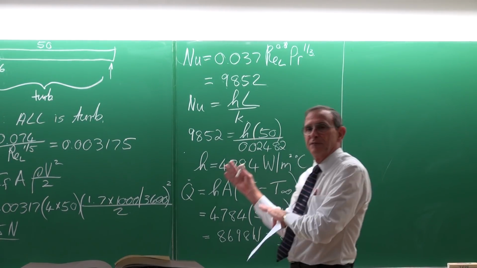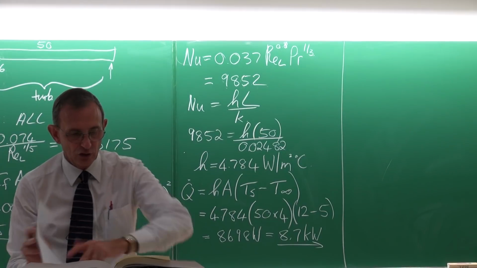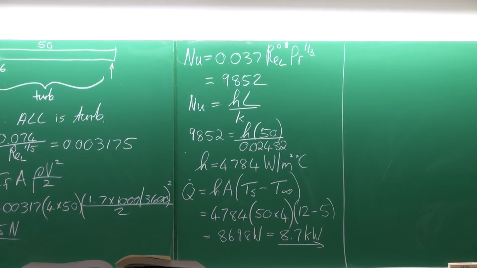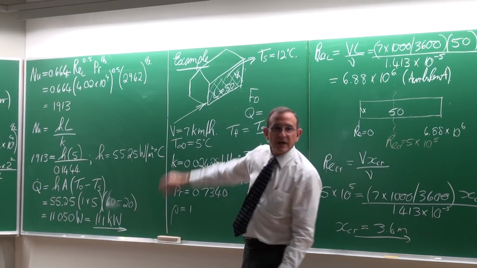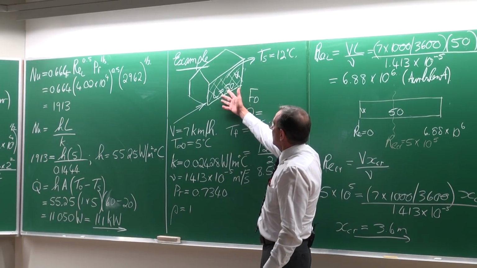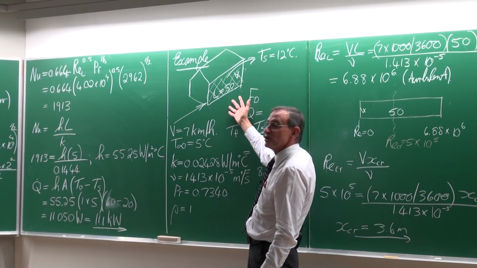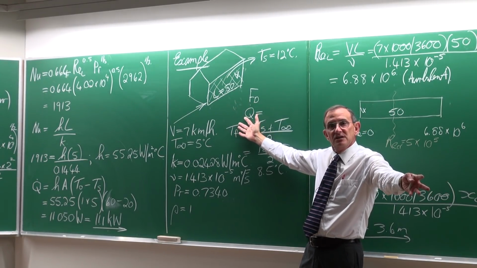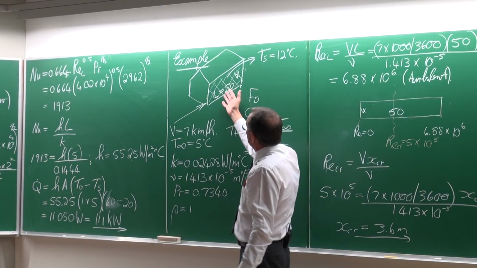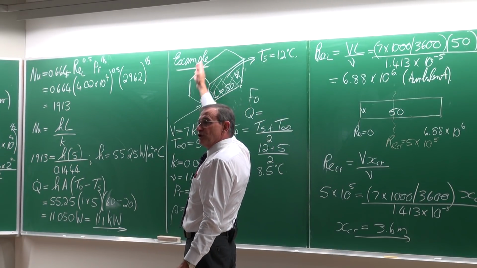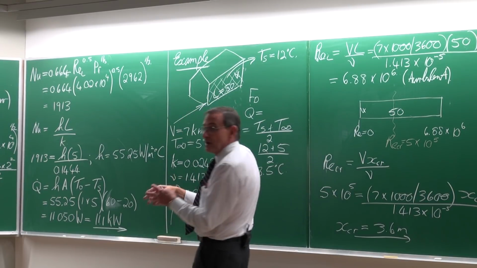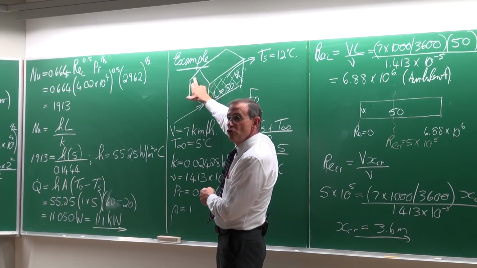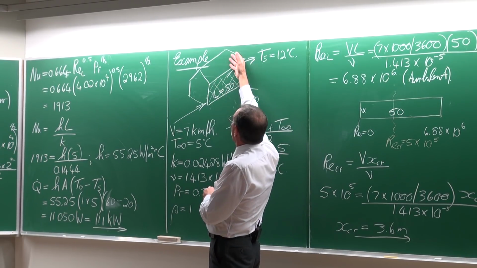Take note, we have not taken radiation heat transfer into consideration. And this is, of course, for one wall only. About 8.7 kilowatts, almost 9 kilowatts of heat transfer through this wall. For those of you who are interested in air conditioning and ventilation of buildings, if you look at this building, you would immediately realize that you're going to have the same heat transfer in the other direction, and a similar heat transfer rate through the roof, and of course through that wall and that wall.